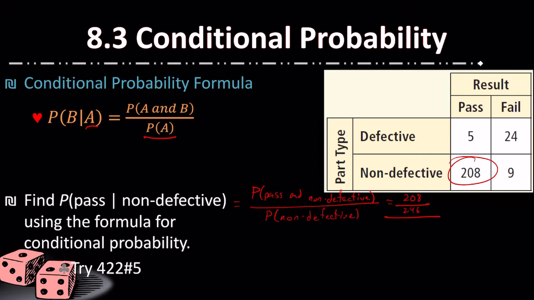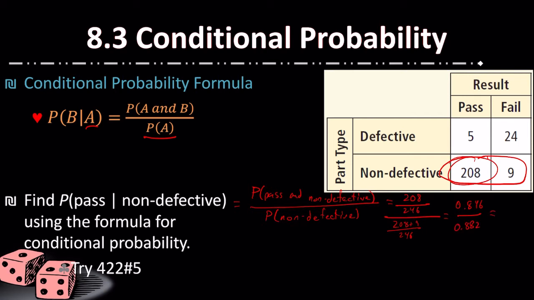Divided by the probability that it's non-defective. Non-defective would be 208 plus 9 over the 246. Well, that's about 0.846 on top and 0.882 on bottom.